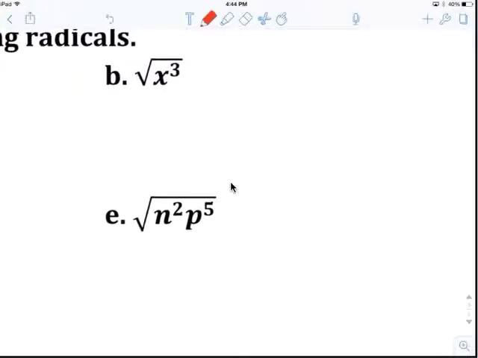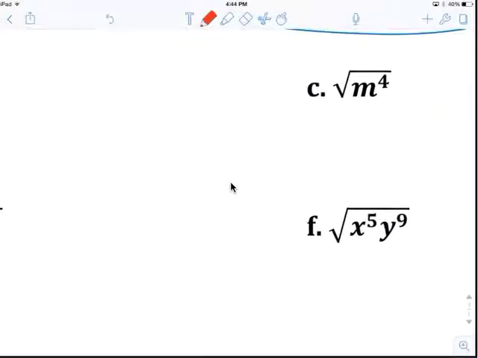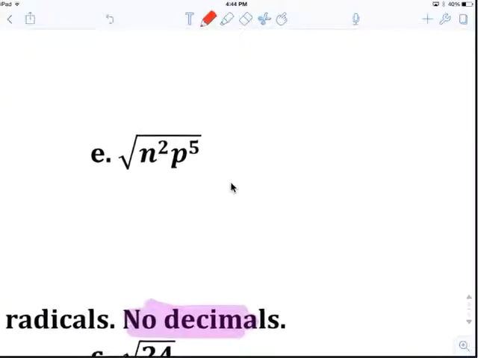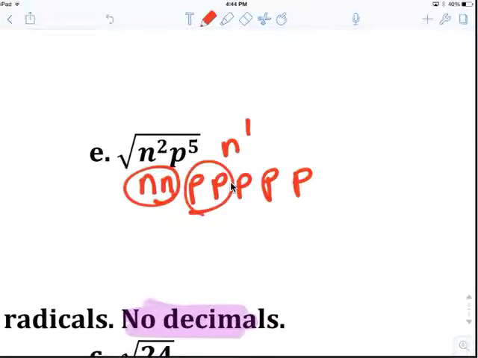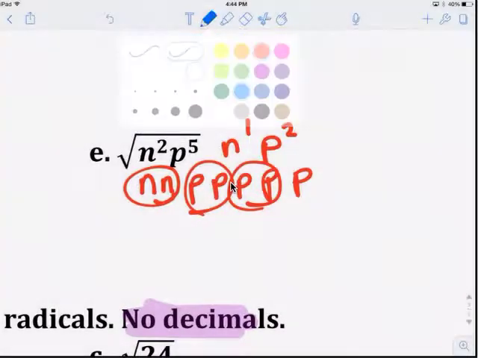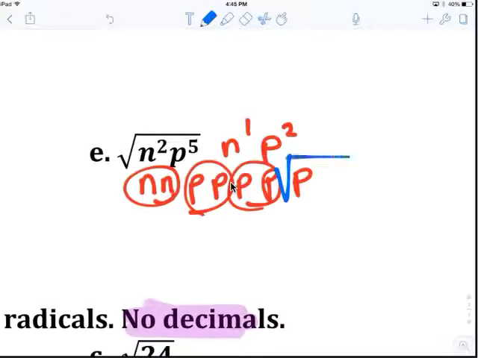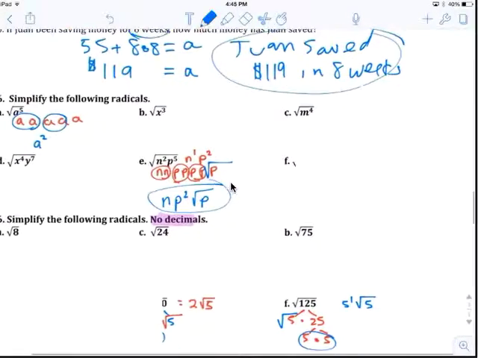This one here, let's do this one. N, P, P, P, P, P, N to the first power, 1, 2, P to the second, with radical P. So your answer is N to the first, P to the second, radical P. Okay, that's how you do those.